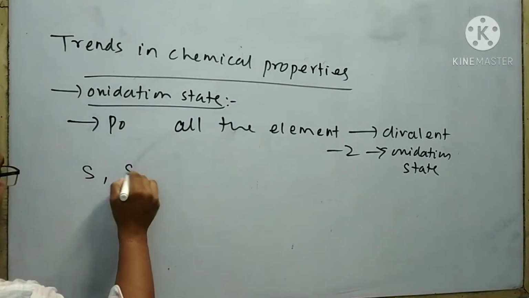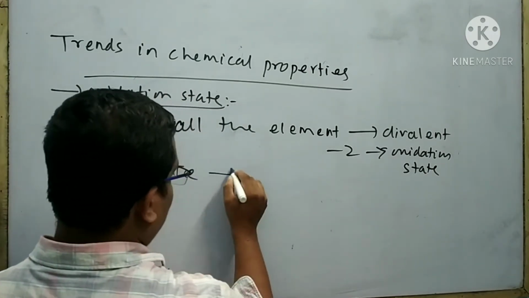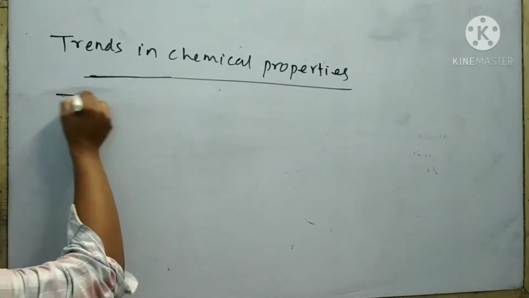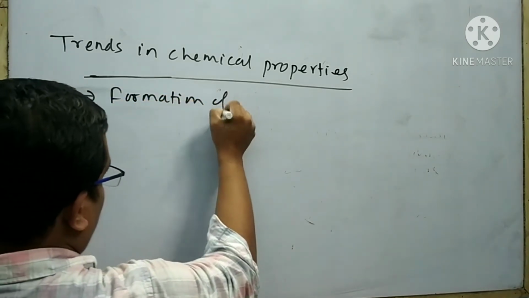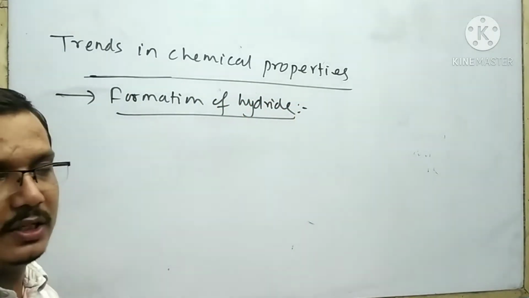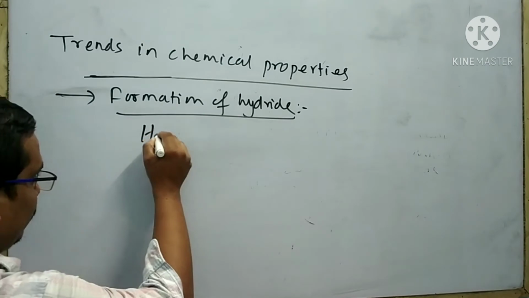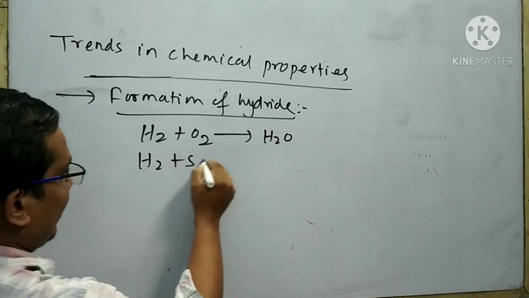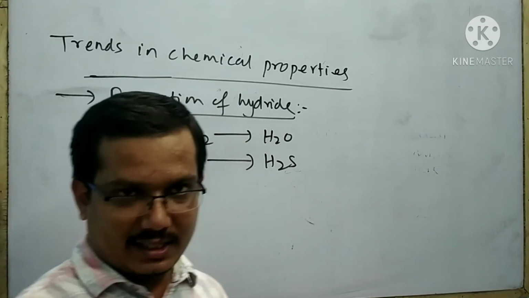However, sulfur, selenium, tellurium also show oxidation states like +2, +4, +6. Next chemical property, formation of hydrides. All the elements of group 16 can form hydrides. For example, H2 plus O2 gives H2O, H2 plus S gives H2S. You can also write H2Se, H2Te.